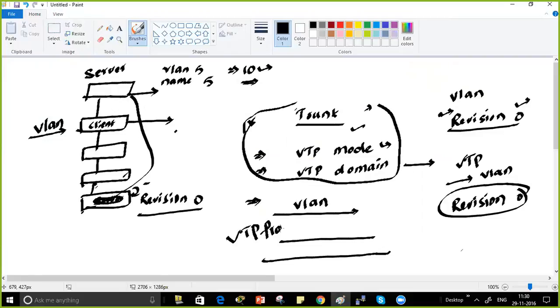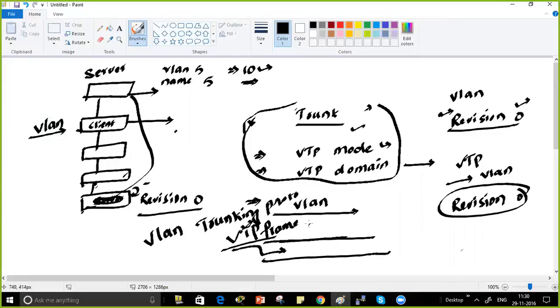If you do not configure trunk ports, then the name itself, VLAN trunking protocol, says that only if you have a trunk can we send this VLAN information.